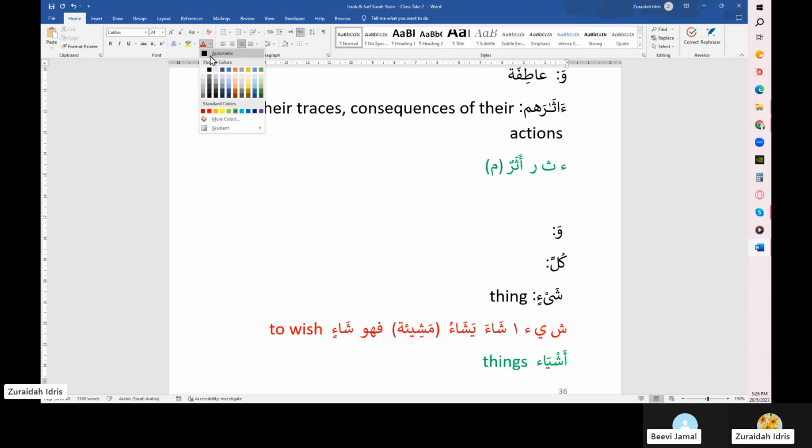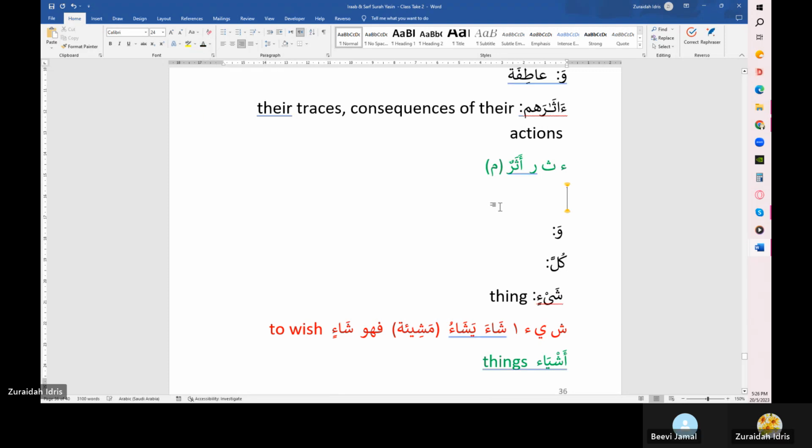Ameen. So now, what is atharahu? Ma qaddamu wa atharahum. That means it's a ma'tuf, right? That's the easiest one to say.